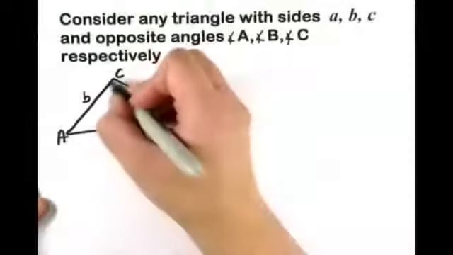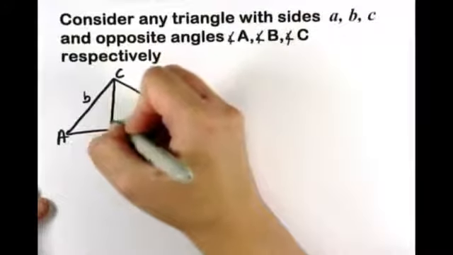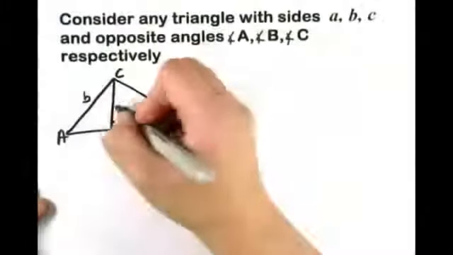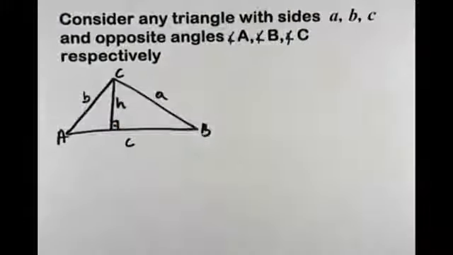And then if I draw a height, or altitude, to the base, I'm going to call it h. So then we have two right triangles.